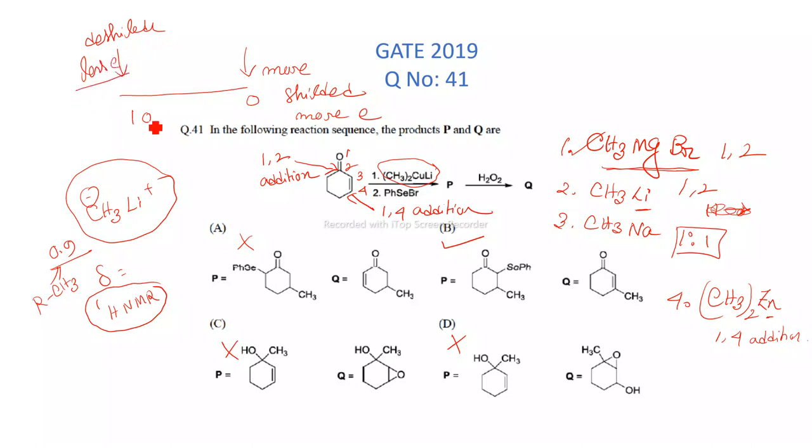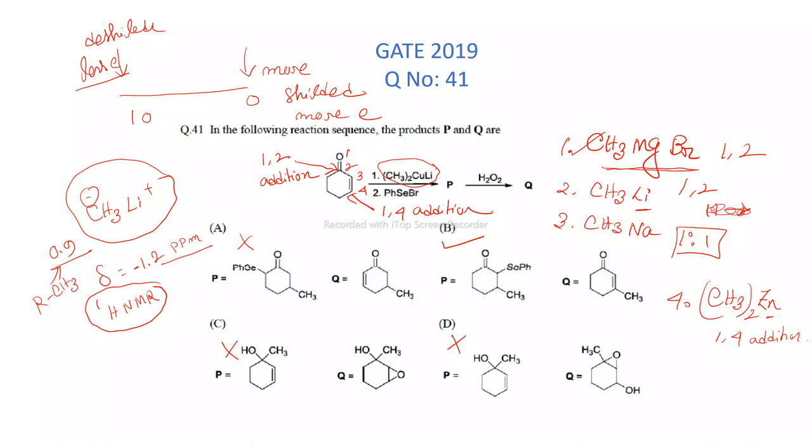So where there is less electron, that is a higher value. Where there is more electron, that will be lower in value. So the value will be less than 0.9. Its value is normally around minus 1.2 ppm. This is below 0. Okay.